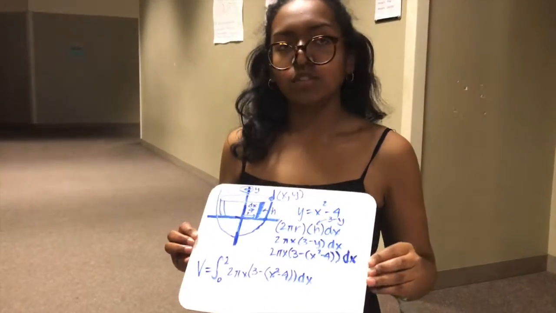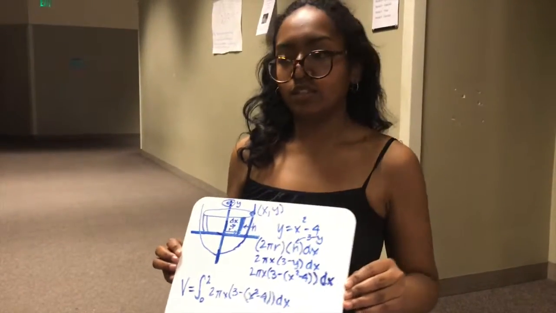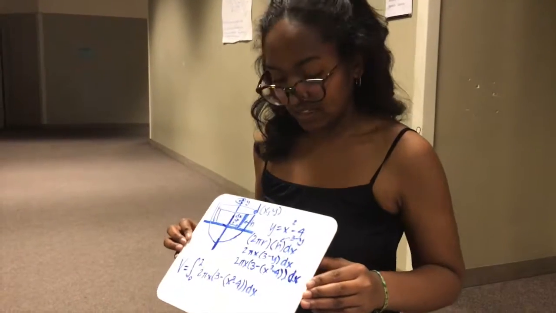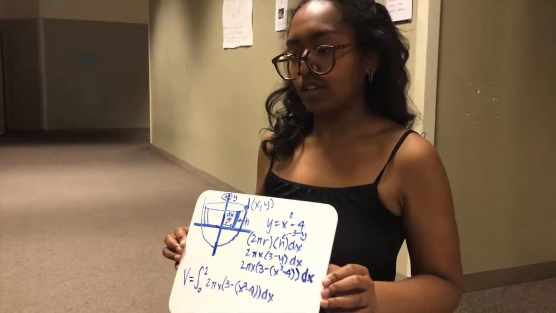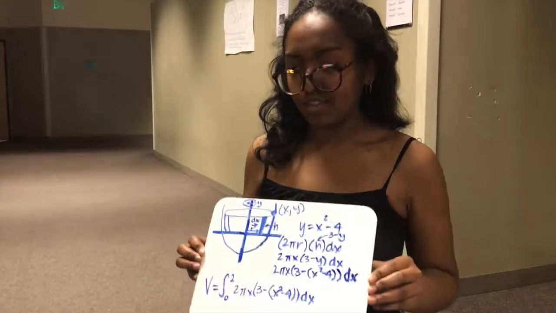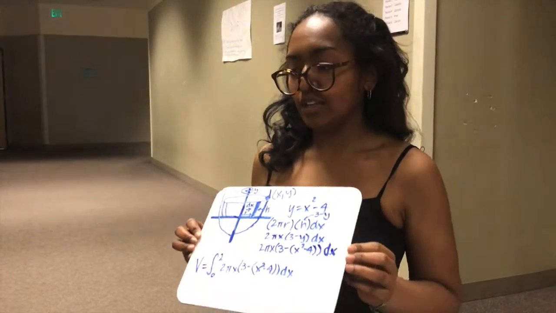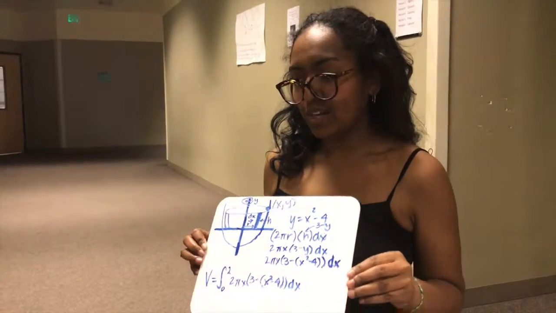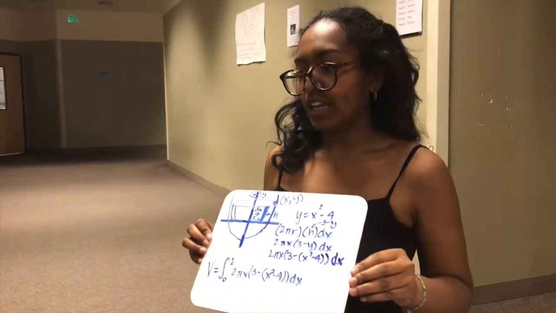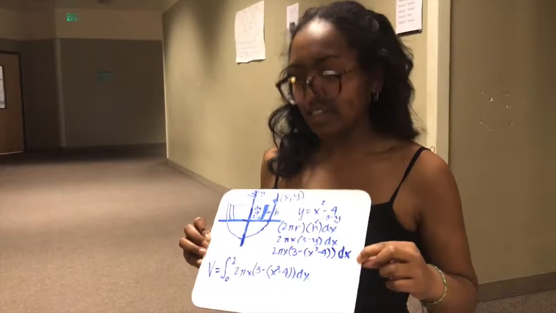No, Michael, trust me. The cylindrical shells method is far superior. I also graphed it, but instead of using a disk like a moron, I used the cylindrical shells. Basically, dV equals the circumference of the shell times the height times its thickness, which in this case is dx. So, I set up my equation. Because the height is y and y equals x squared minus 4, I can just plug in on the right side.